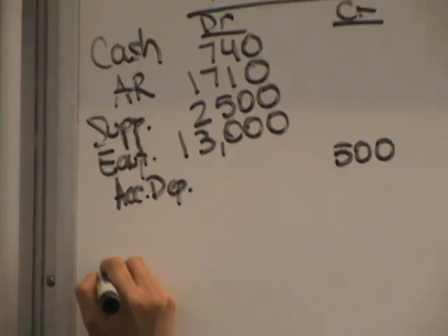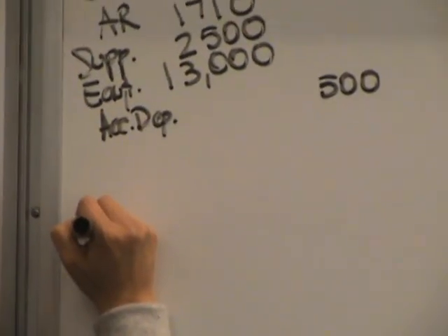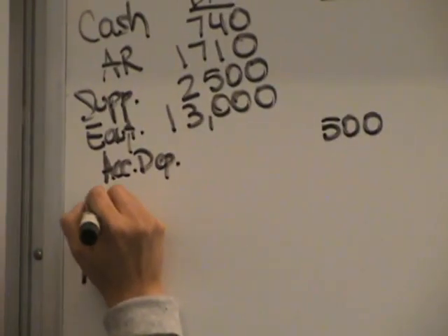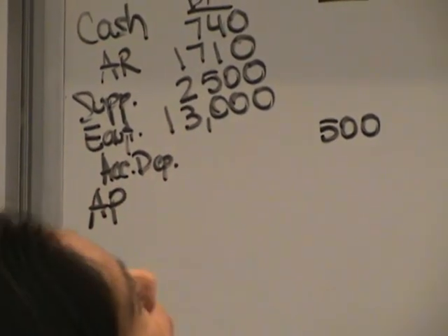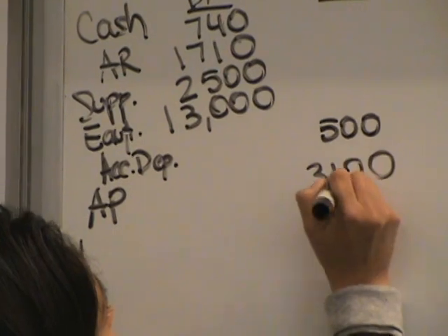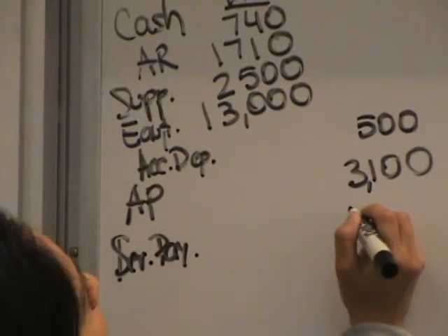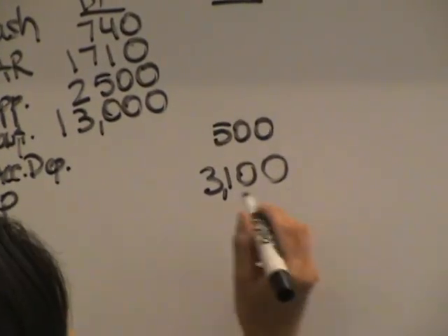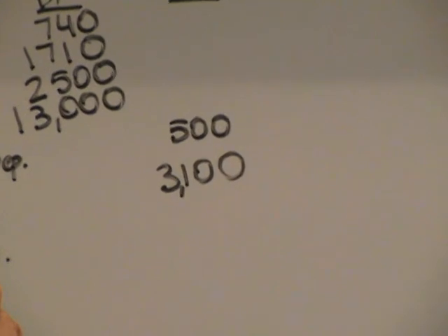Now we go to the next page. You can go right underneath accumulated depreciation. Account payable, which is 3,100. Service payable, 1950. Just write SC, service payable, we call it here. On the test, unearned revenue. Here, services payable, 1950. Try to pound it into people's brains that it means services payable, 1950.